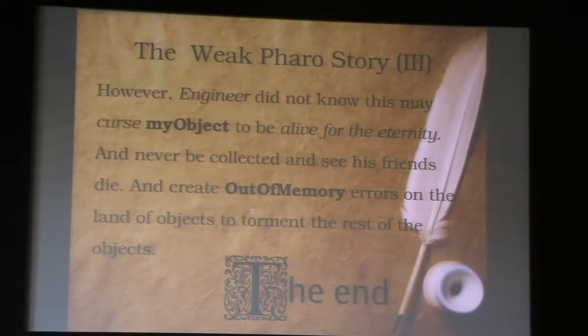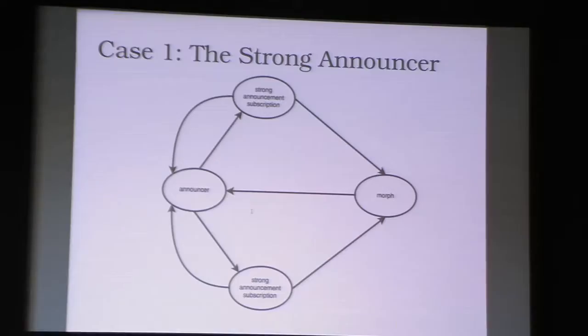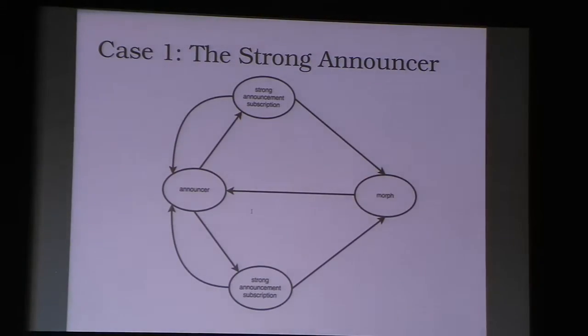So where is this story coming from? I will show you some object graphs. This is a typical, really simplified graph in Pharo. We have a morph. The morph is a graphic element, and usually in Pharo, if you have a morph that is raising events, it will have an announcer. This announcer will hold the registrations to the guys that it has to notify.